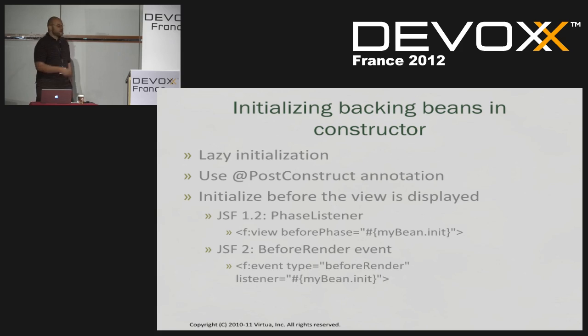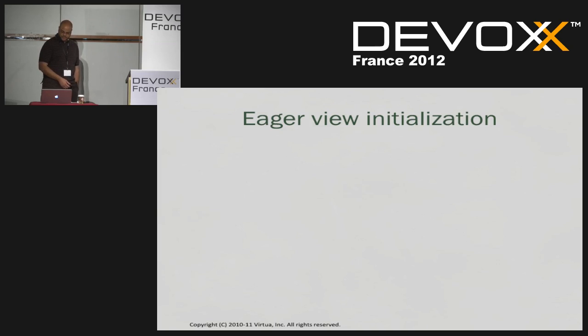Okay. You can also put it on any other component if you have a particular need to initialize something, let's say before a data table is displayed or something. But the most common use case is just for the entire view. Okay. So these are some ways to initialize things.